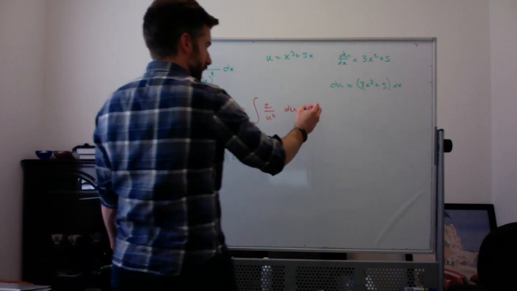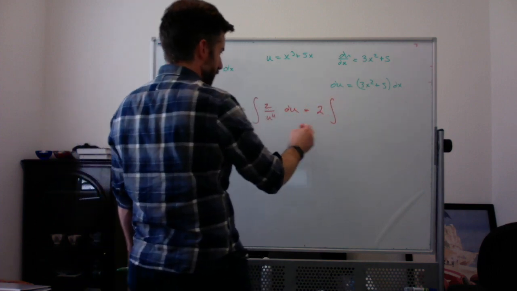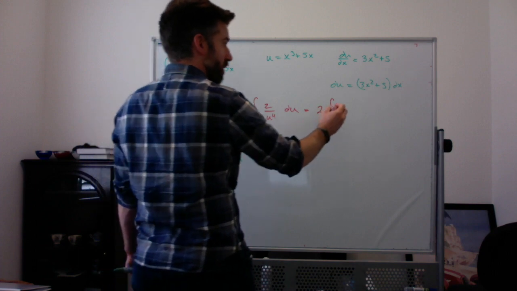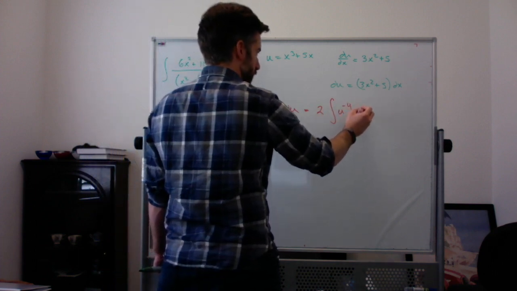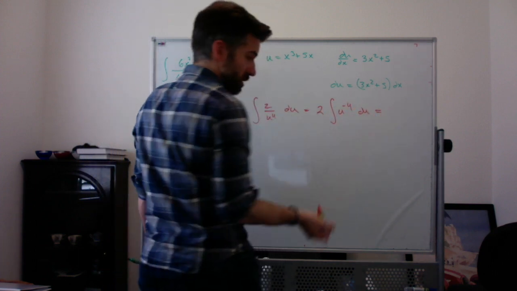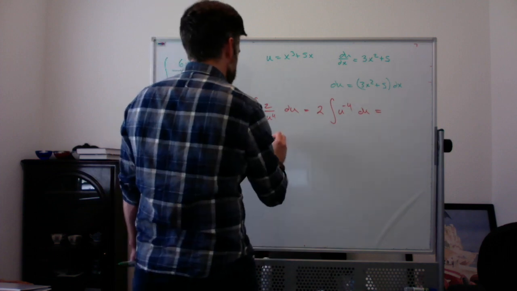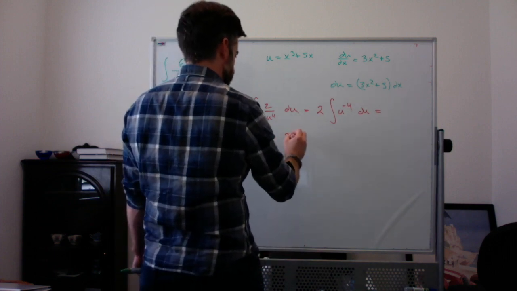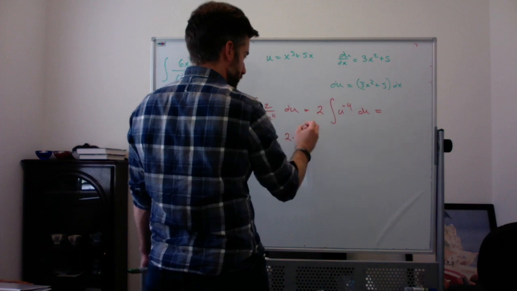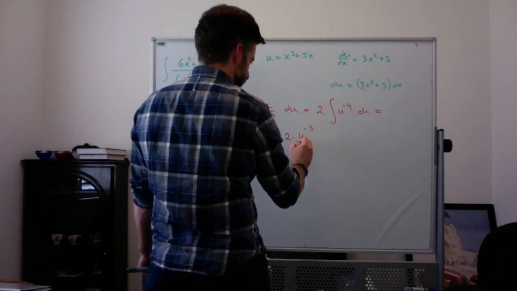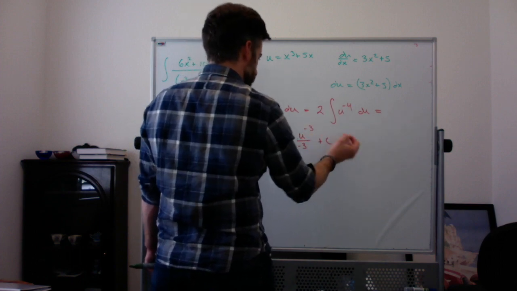I'm going to rewrite this as 2 times the integral of, instead of 1 over u to the 4th, I'm going to write u to the negative 4th. I'm going to use the anti-power rule. So that's going to be 2 times u to the negative 4 plus 1 is negative 3 divided by negative 3 plus c.